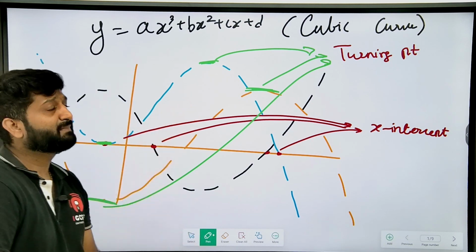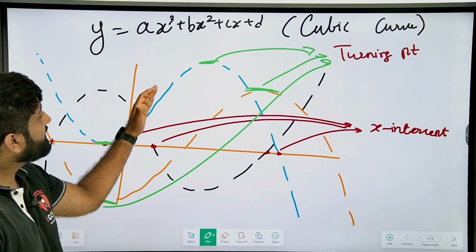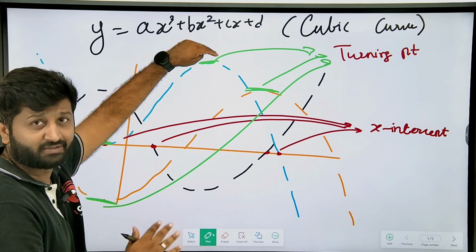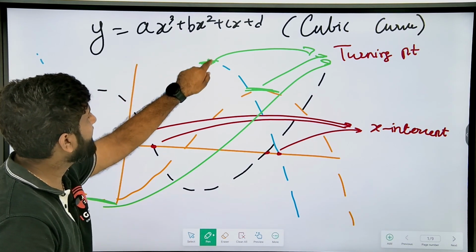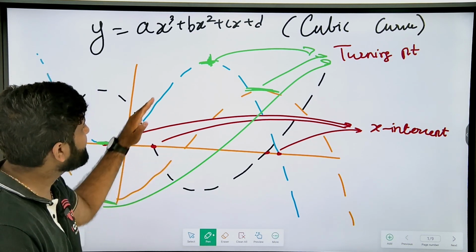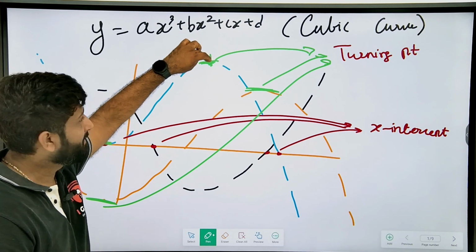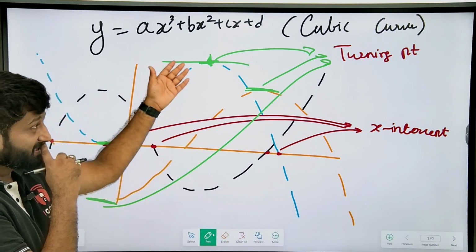This is where my gradient is 0. If you observe, the gradient is increasing, and at this point it is reaching its maximum value. As you are increasing x, the value of y is increasing, and this is called the maxima or maximum. And at this point, if I draw a tangent, its gradient will be 0. So this is why it's a turning point.